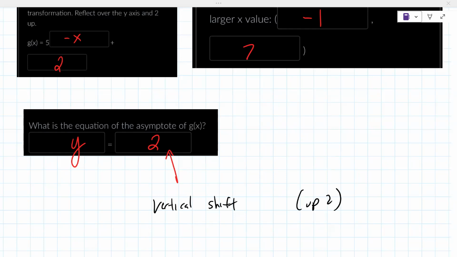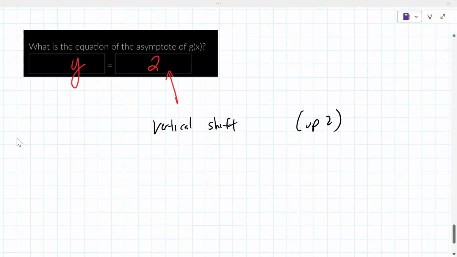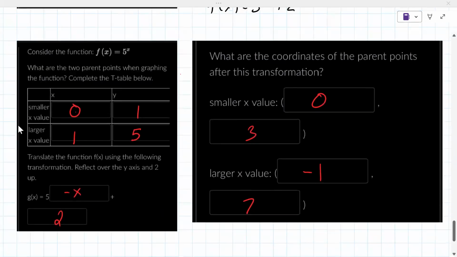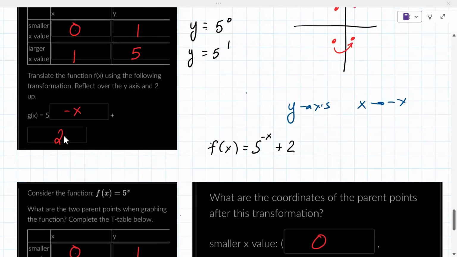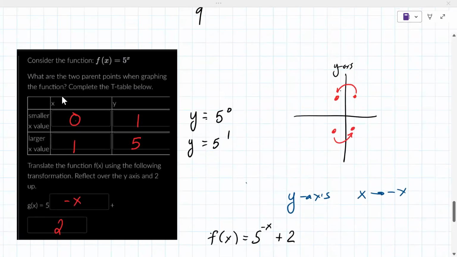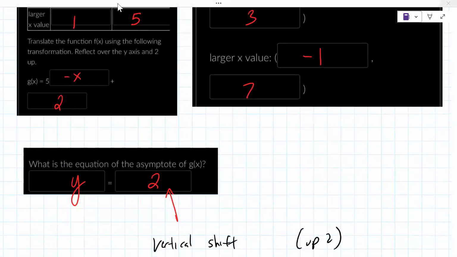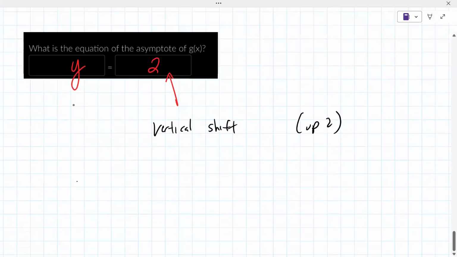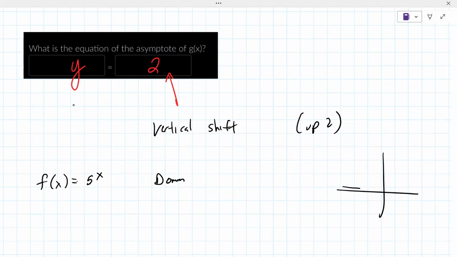I actually do have a question on that one. Yes. Because I just know on some of them it asks domain and range. I don't know if you can find or what you would do with this specifically. Yeah, so if the original function 5 to the x, the domain, and if you were to graph this, the graph is always helpful. The domain is all real numbers, minus infinity to infinity.